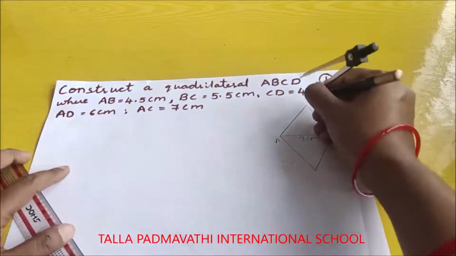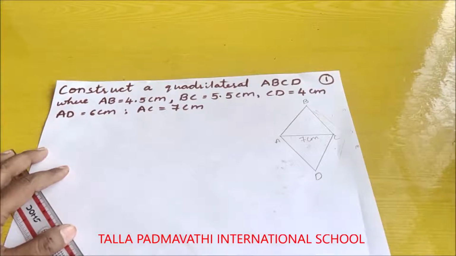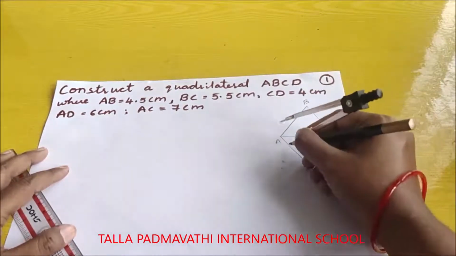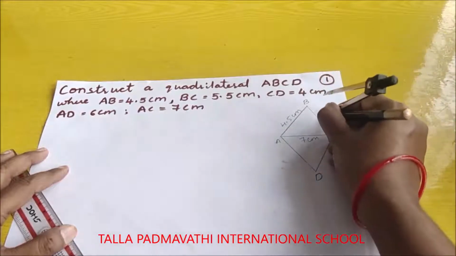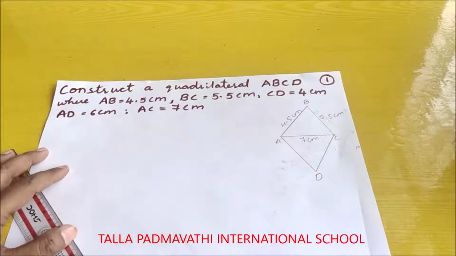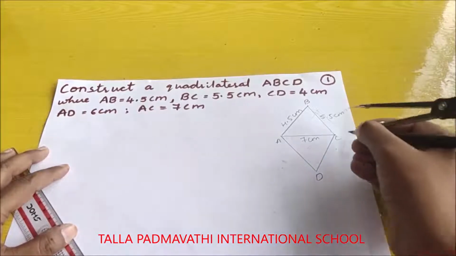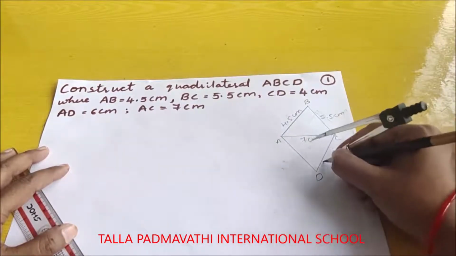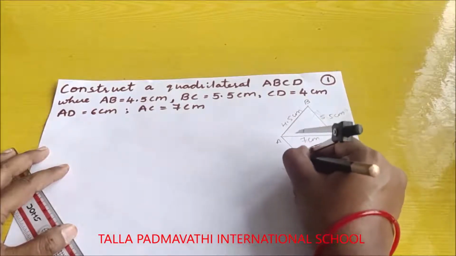So see here, children, A, B, C and this is D. Now AB they have given as 4.5 centimeters, BC is 5.5 centimeters, and CD is equal to 4 centimeters and AD equals 6 centimeters.